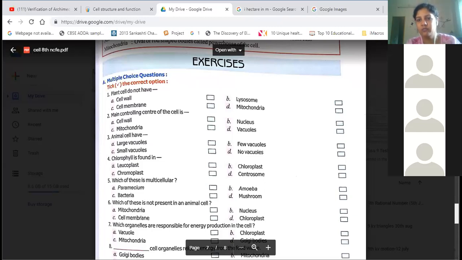Do they have a cell wall? Yes or no? Yes, ma'am. They have a cell membrane. Yes, ma'am. Mitochondria also they have, because they also need energy. Lysosomes they don't have. Plants do not have lysosomes. Right, that is the option.